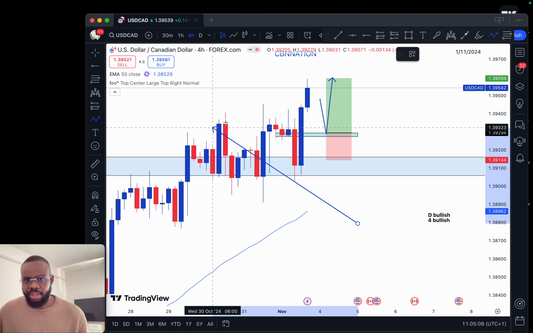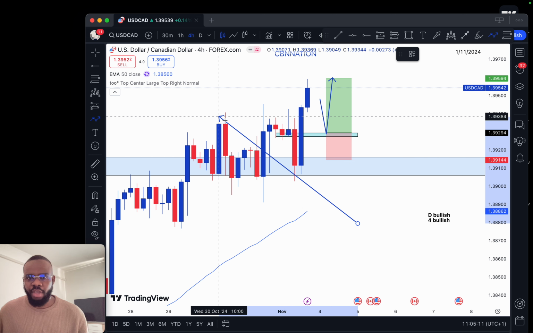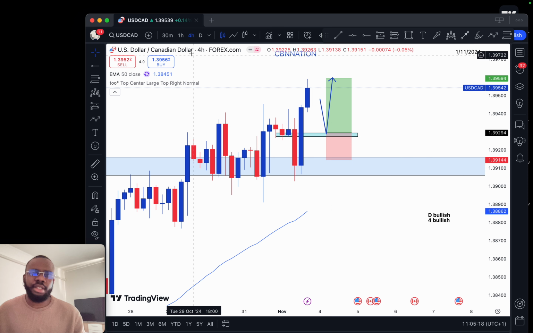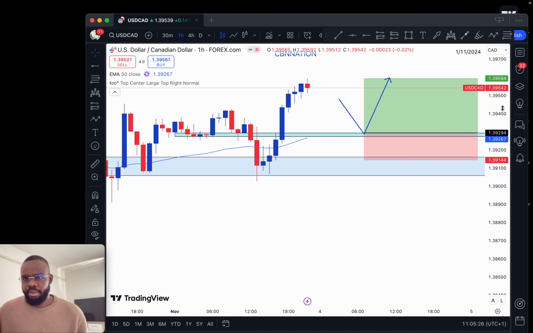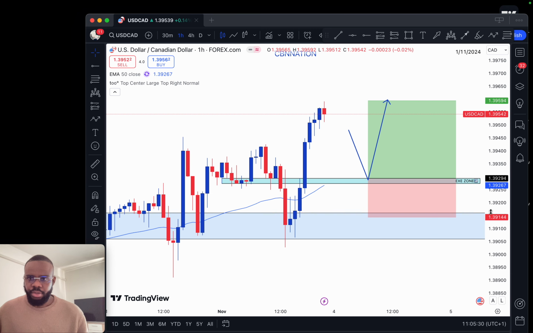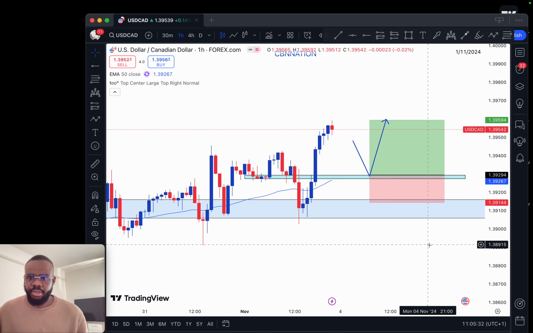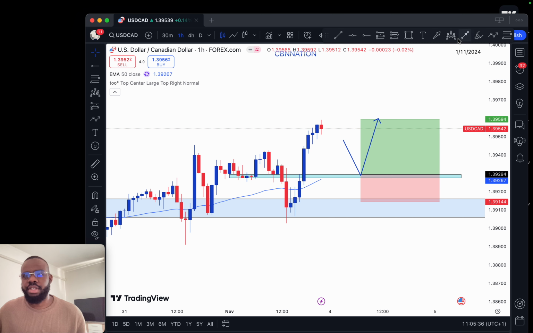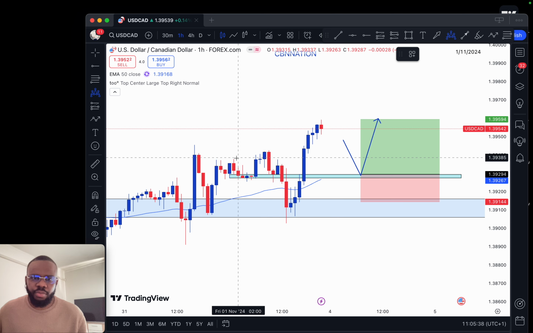So the 4-hour time frame closing above here makes the time frame bullish, then I'll scale back down to 1 hour as the entry time frame, just like we did on NZDUSD. It's that simple. So we'll go back to 1 hour, and as you can see, the pattern for my entry has already formed here beautifully.